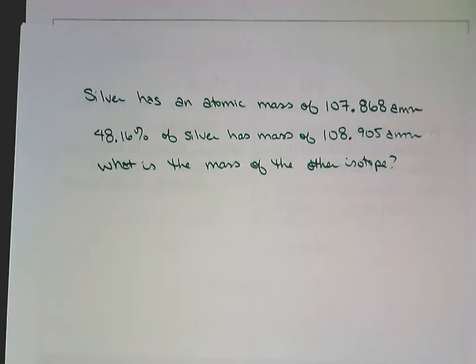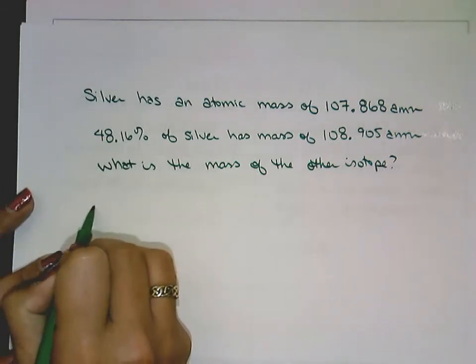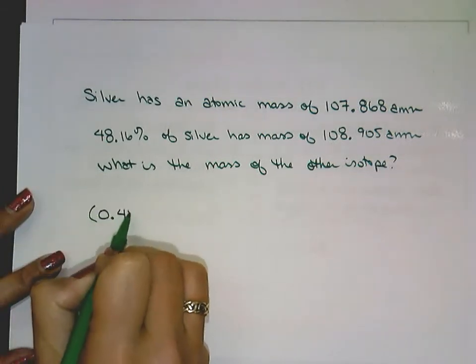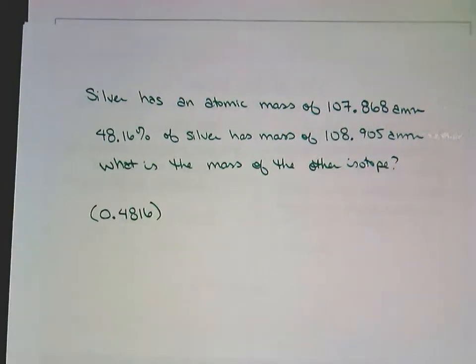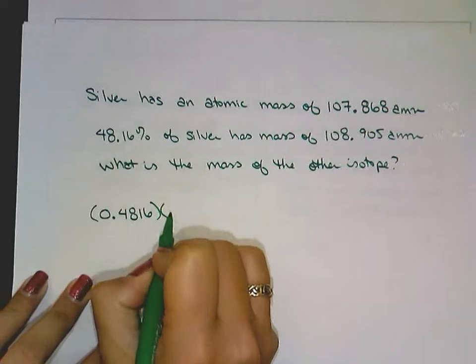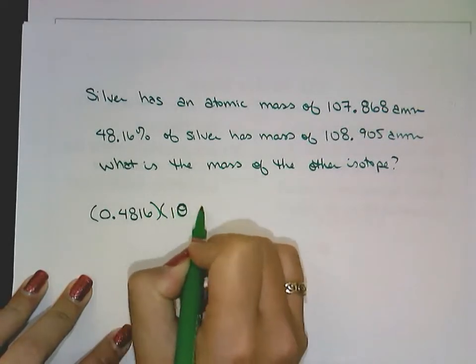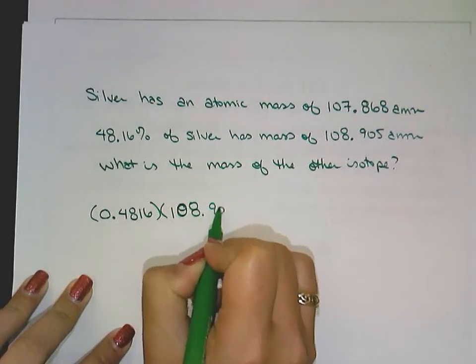So, thinking through it, we're going to set it up very similar to the problem that we just did, right? So I'm going to have the percentage, and I'm going to turn that into a decimal, 0.4816.